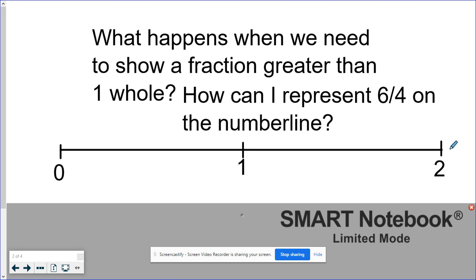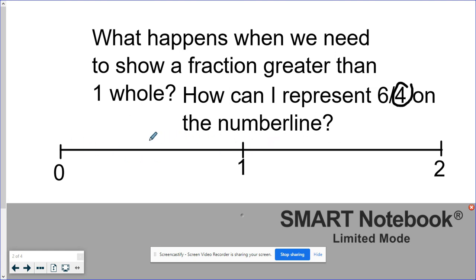How do I partition it to show 6/4? Well, I know that the denominator shows how many equal parts each whole should have. And I see that the denominator is a 4. So I am going to partition or split this line from 0 to 1, which is 1 whole, into fourths.